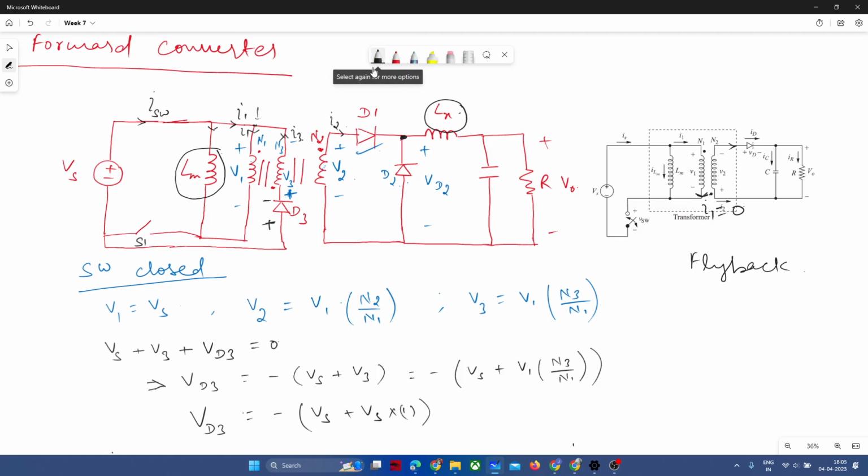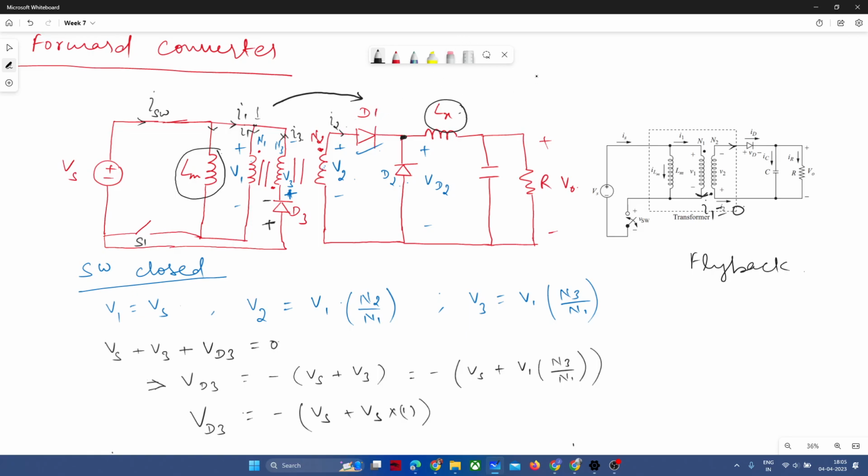So when V1 appears at node 1, the transformer winding sees the voltage V1, and V1 gets transformed to V2. V2 has the value of V1 into the turns ratio, and the turns ratio is generally the ratio to the side we are transferring to. V1 is here and V2 we are getting at the secondary side.